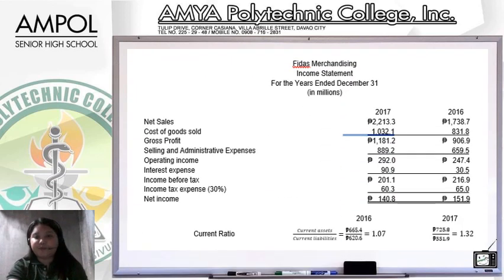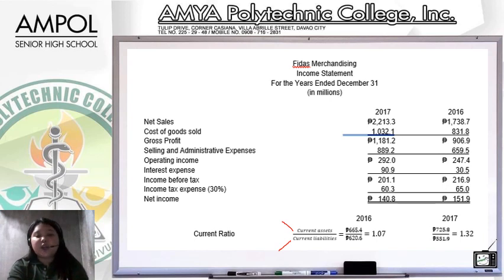So, how are you going to get the current ratio? Again, by getting the current assets and then the current liabilities. Our current assets are 665,004 pesos, while our current liabilities are 620,006 pesos.